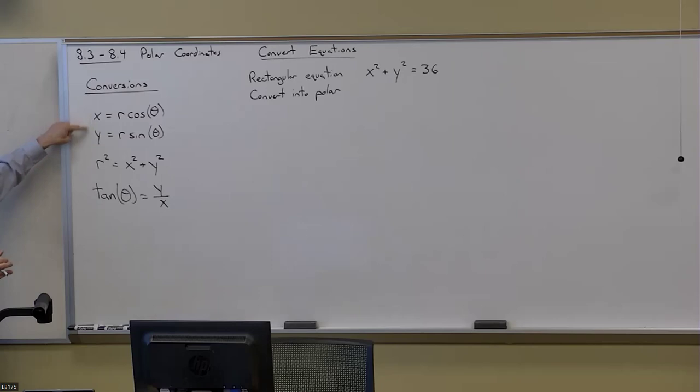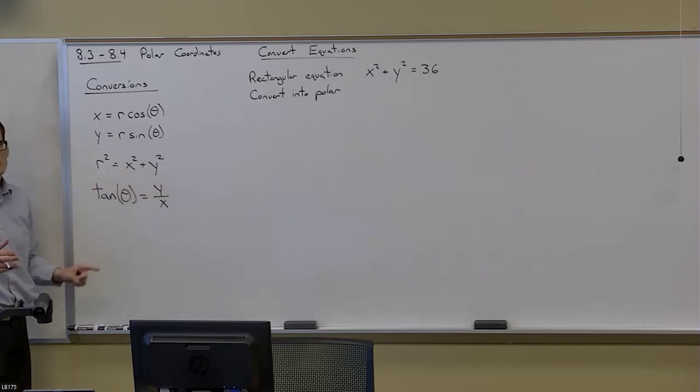However, in this case, there's actually a more clever option because we have x squared plus y squared. If you ever have x squared plus y squared, then you can use this conversion. Or if you ever have y over x, you can use this conversion.